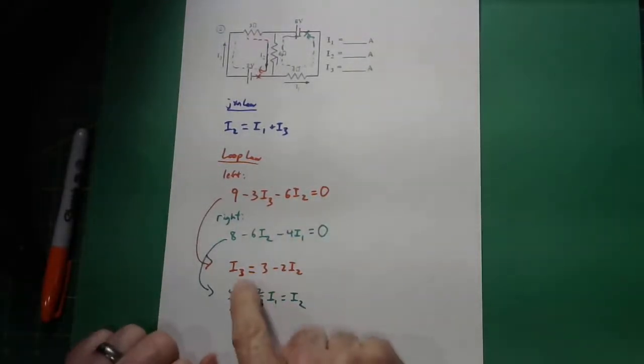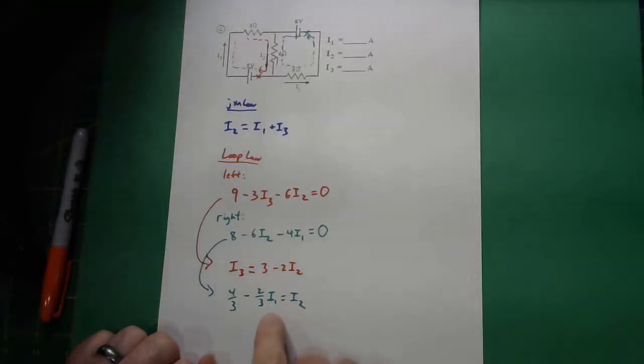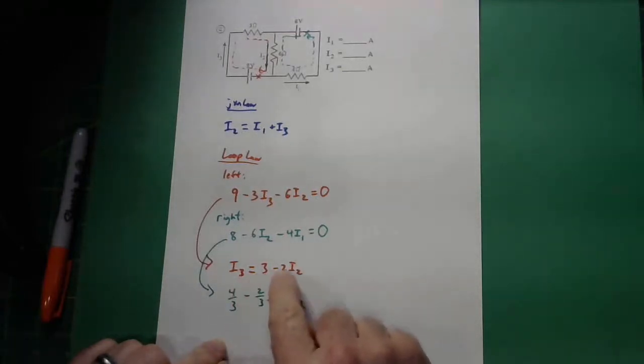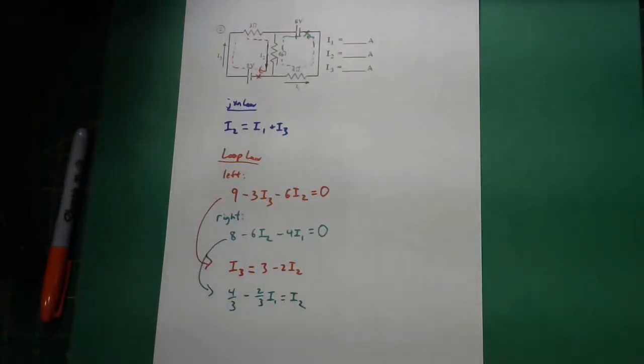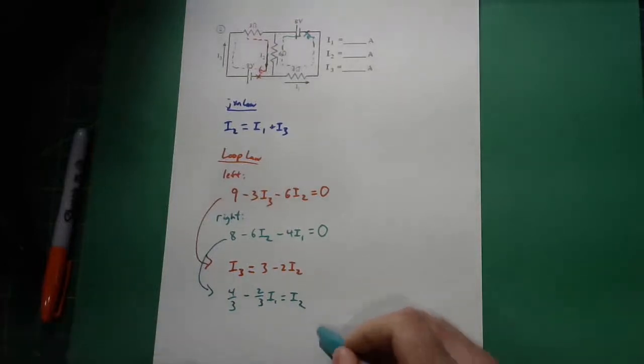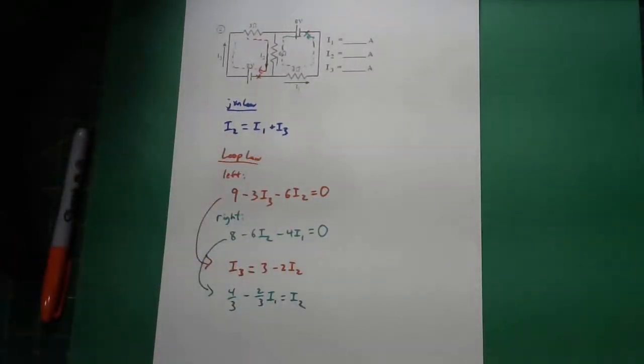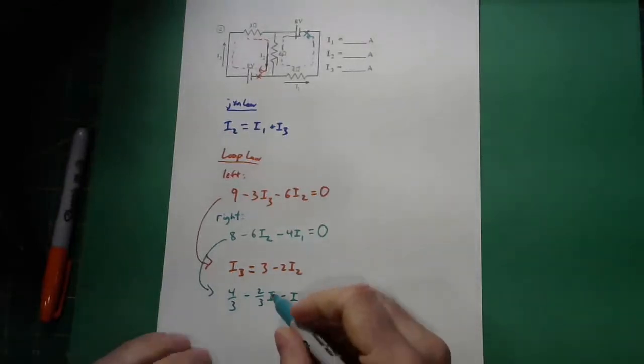Okay, so now I have I3 in terms of I2 and I2 in terms of I1. If I know I2 in terms of I1, I could put this in where it says I2, and now I have an equation for I3 in terms of I1. So I'll have I3 in terms of I1 and I2 in terms of I1, and I can just put those in here and have an equation with just I1. Let me substitute into this.